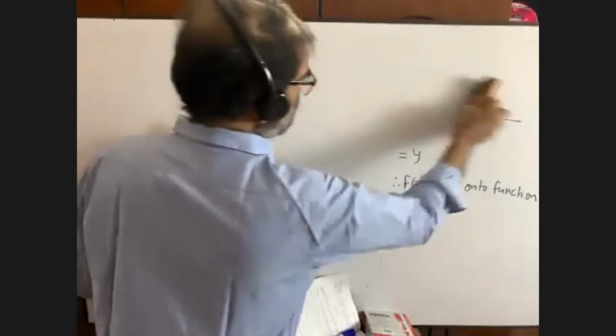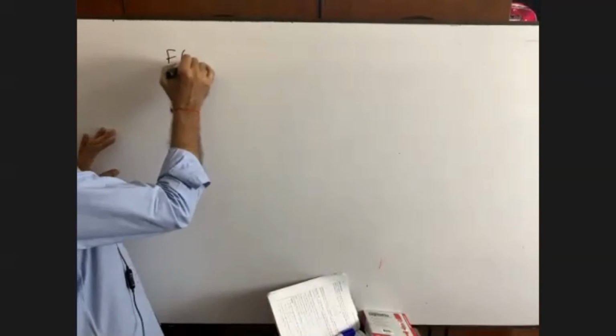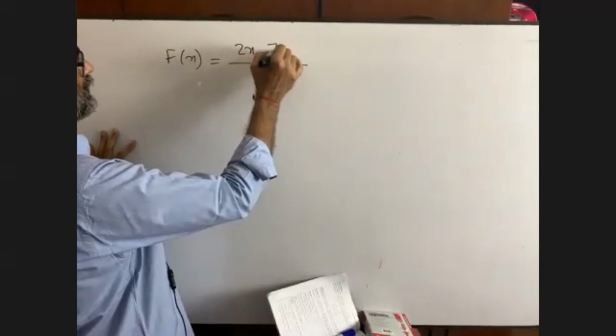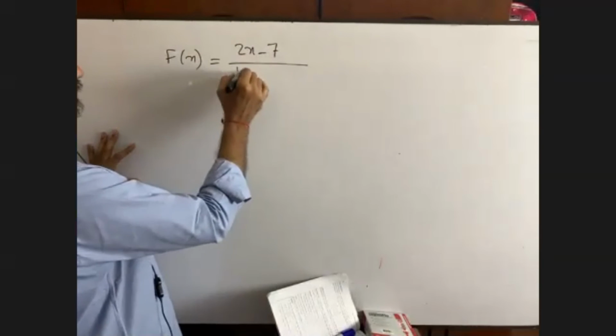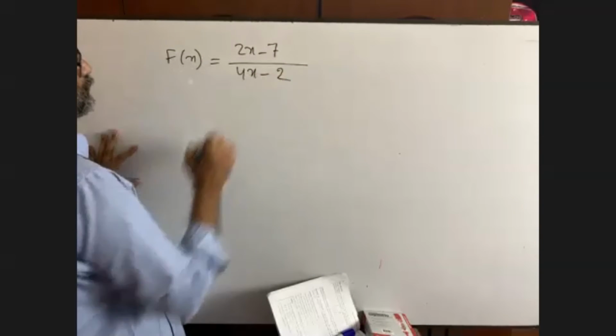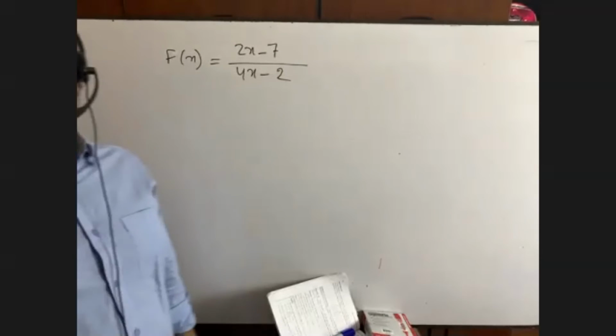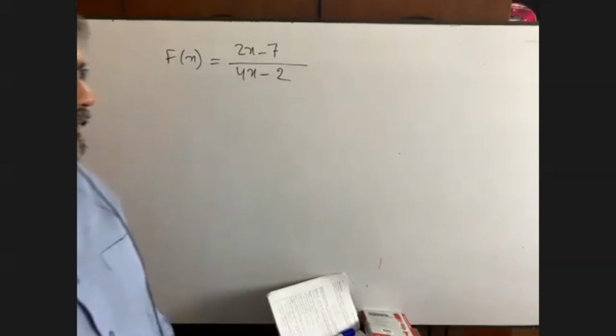Talk to me. Suppose another function is given, again, f(x) equals 2x minus 7 by 4x minus 2. Can you determine whether the function is an onto function or not?